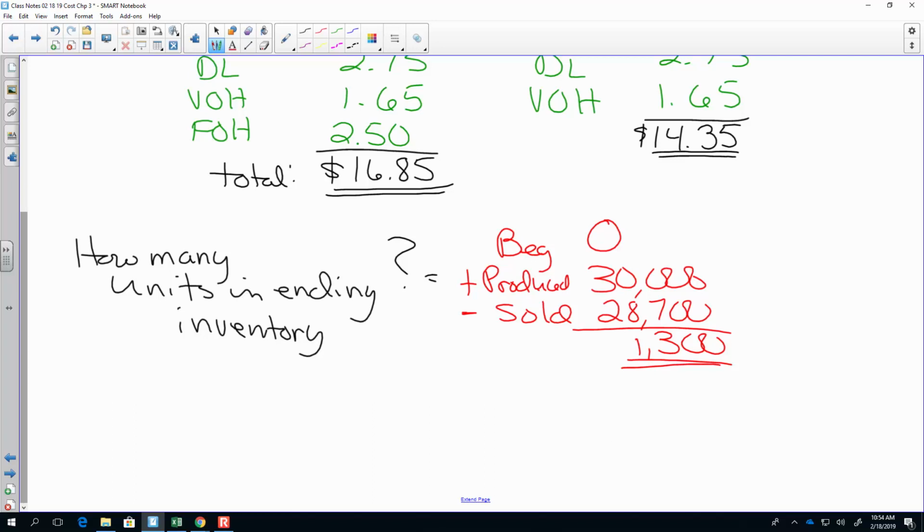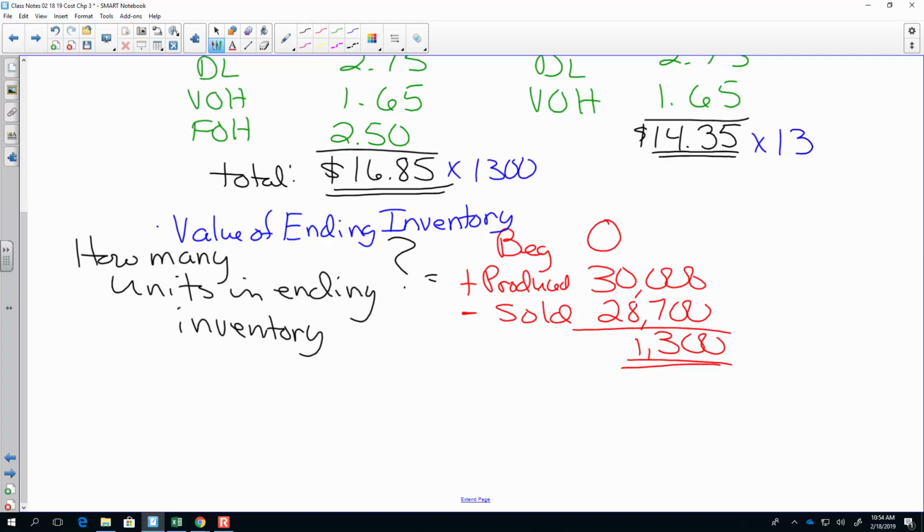So if the question on the test is the value of ending inventory, what do we need to do? Multiply the 1,300 by their respective costs, very good, excellent.